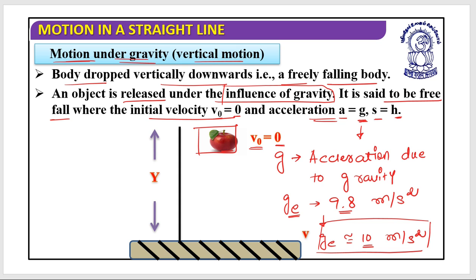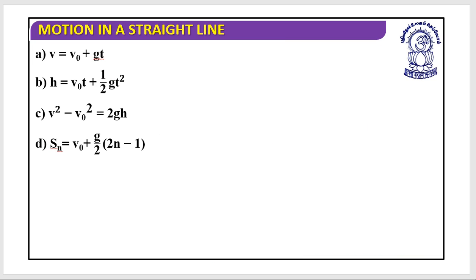If it is in free fall motion, I can take the initial velocity equal to 0. So now my relations will change. How are they changing? First, let's look at our previous relations. The first was v is equal to u plus at. The second relation was s is equal to ut plus half at square.